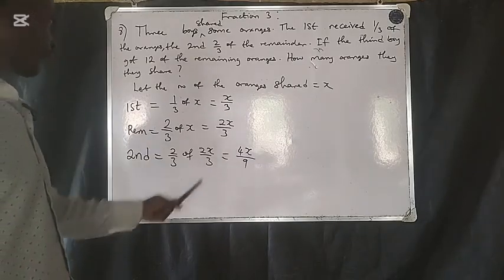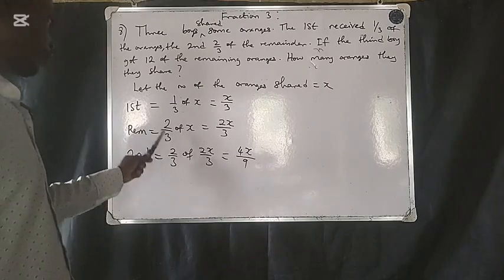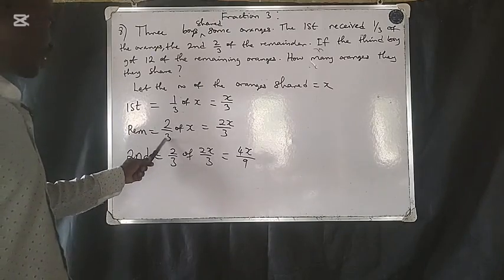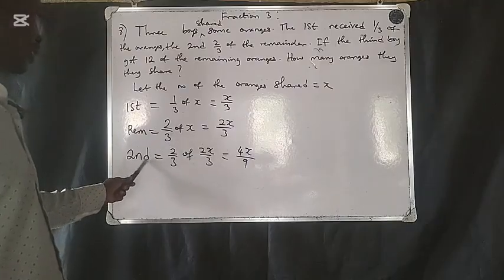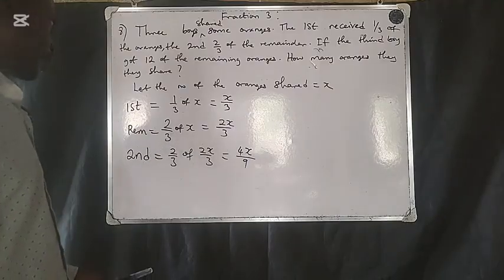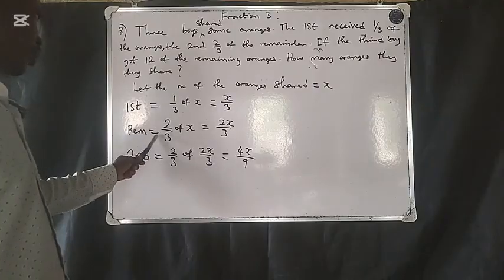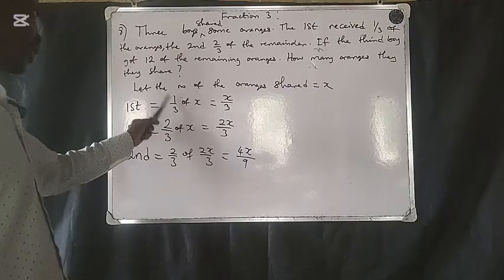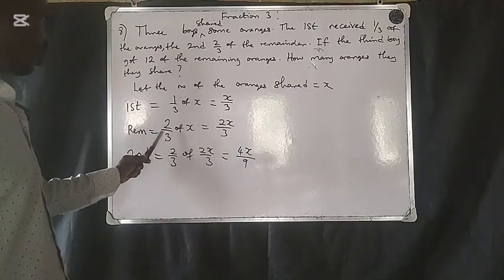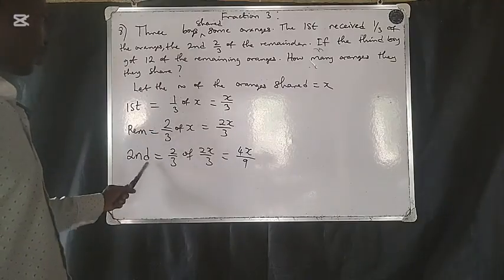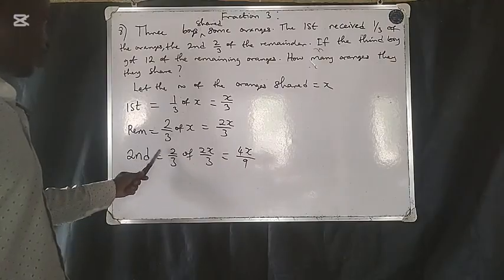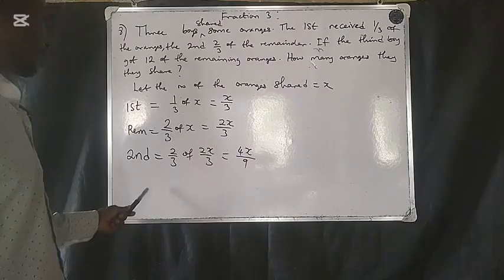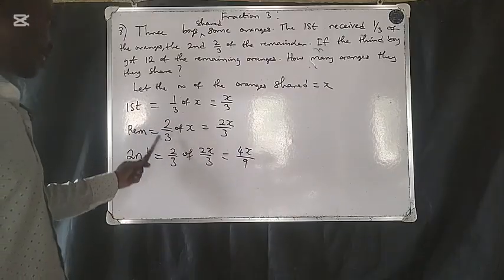Then the second boy got 2/3 of the remainder. This is the remainder, 2/3 again. Don't confuse the remainder of 2/3 and the second person's share. This one is only 2/3 because 1 out of 3 is taken, then it remains 2 out of 3. The information given for the second boy's share is to confuse students, because they are seeing 2/3 here and 2/3 here.